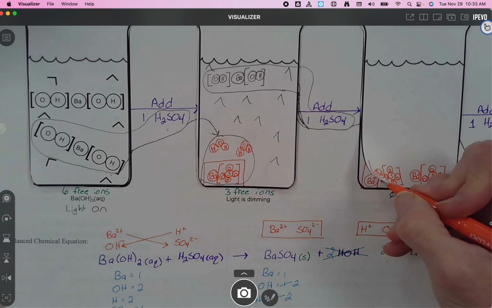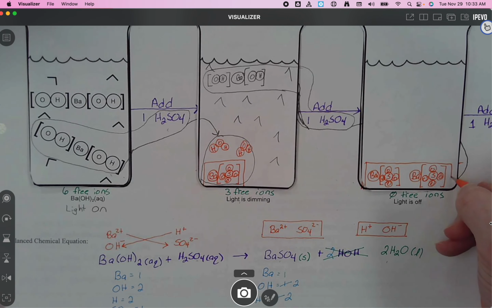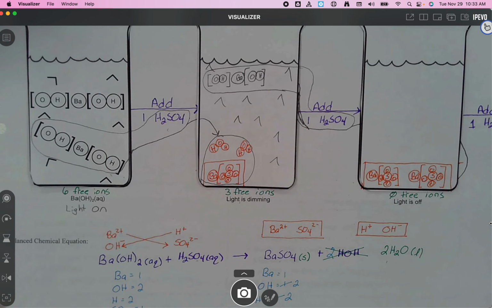Since we now have a double batch, we have 2 barium sulfates and 4 water molecules from our chemical reaction. So there's our double batch, or the second batch is this little collection right there.